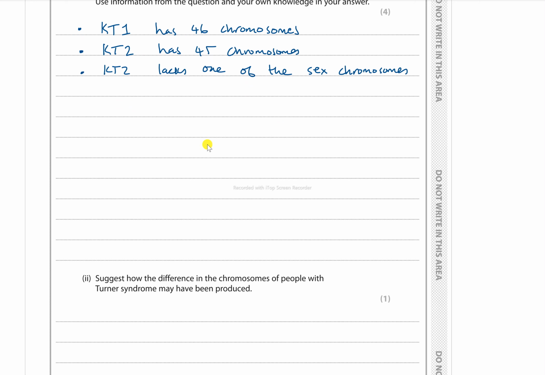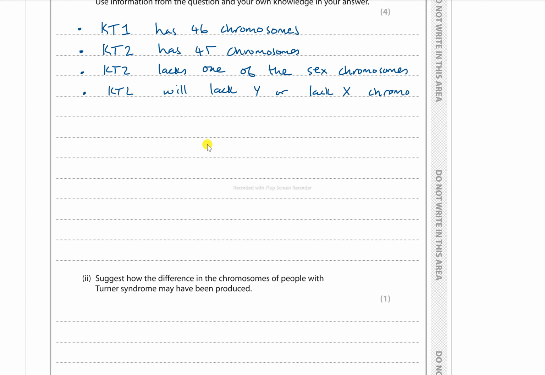Right, so because of the problem with the ovaries, karyotype 2 will lack, well, it doesn't really say, so it will lack either Y or have less of the X chromosomes.